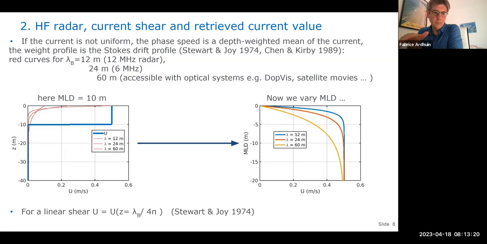It's giving you a depth-weighted average of the current, which for simple cases like linear shear is a simple number. But in general, if you make this kind of step profile, it's going to be something a bit different. And that's a very general property for all radar sampling, because we always have this kind of averaging of the phase speeds seen by the radar.